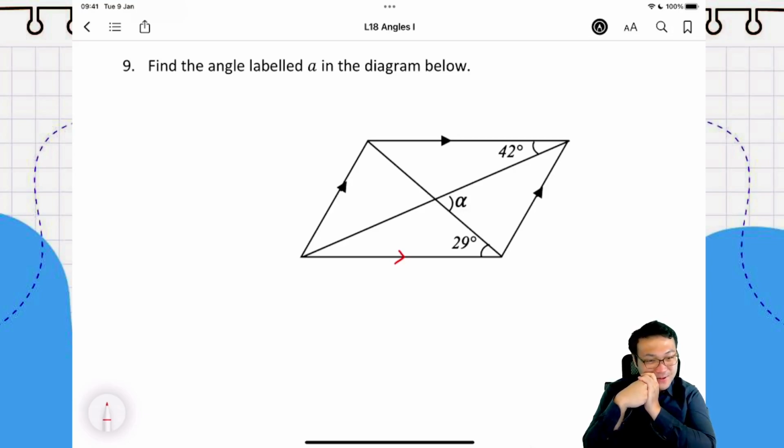Wow, Caden Lim, you did one step only. Very fast. I'll ask you later which step you took. Gwen, you got it. Caden, oh, 42 plus 29. Really? Okay.